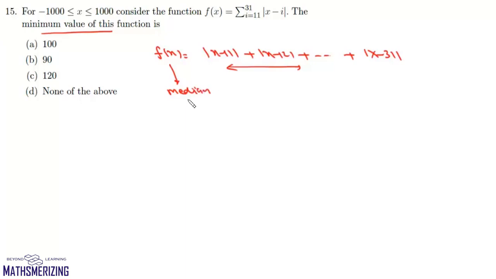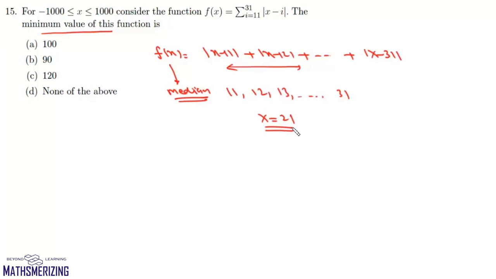So this function will assume its minimum value if we take this x to be the median of this series, which is 11, 12, 13 up to 31. Now what is the median of this series? The middle value of this series is simply 21. So this function will assume its minimum value at 21.